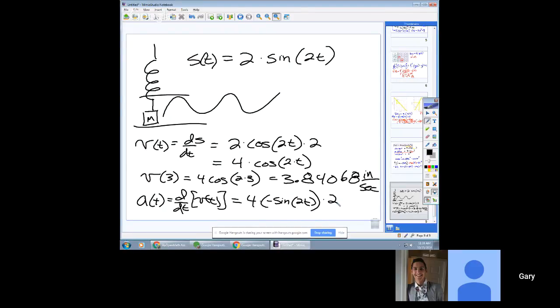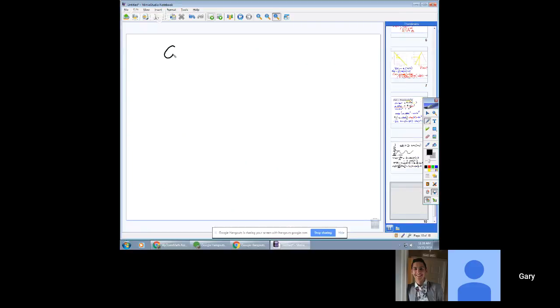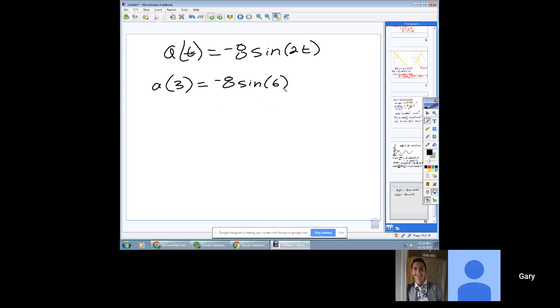So that would be the acceleration: negative 8 sine of 2t. And we want to know the acceleration 3 seconds in. So negative 8 sine of 6, and that's assumed to be radians.